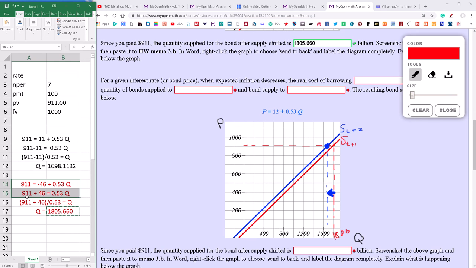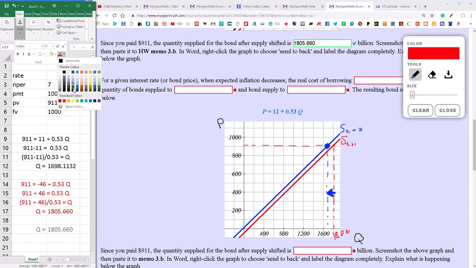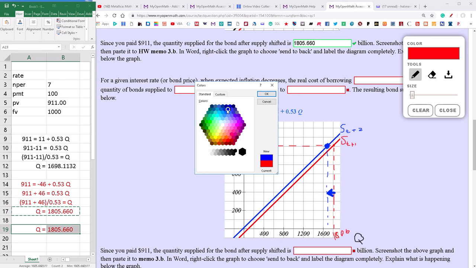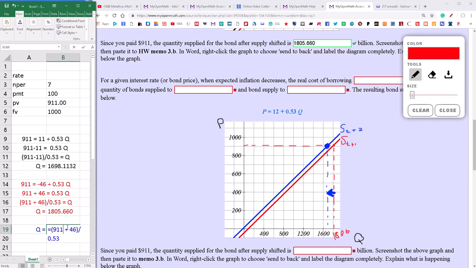So I'm going to go over here to my Excel, and what I'll do is I'll just recognize the fact that I've just got to change the intercept, right? The intercept is now 12, not 46. Everything else is the same.